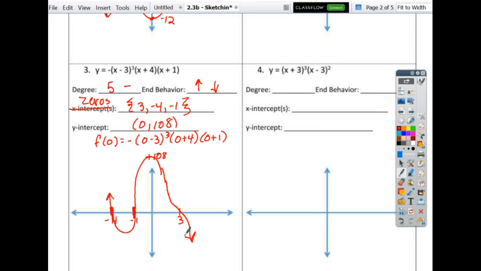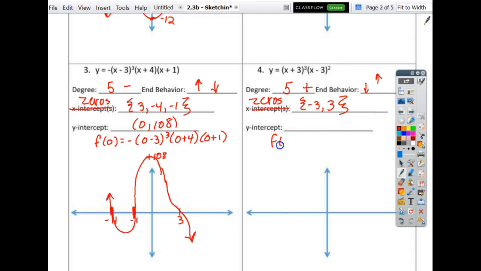Okay, so the last one, what's the degree? 5. The end behavior, or the leading coefficient, is positive, so it's going to be down and then up. My zeros are going to be negative 3 and 3.